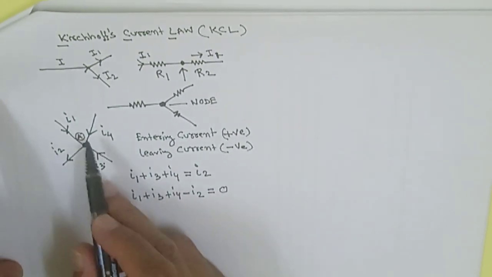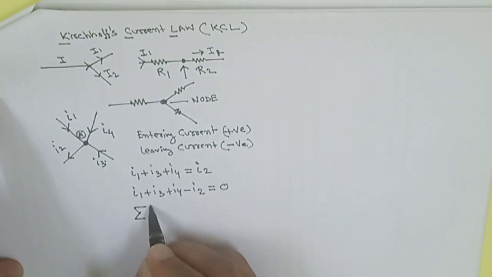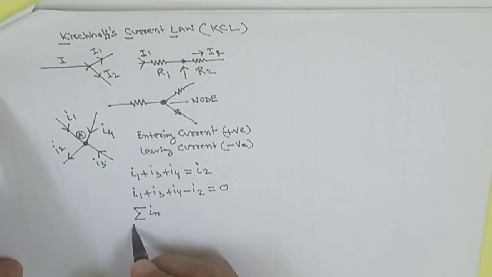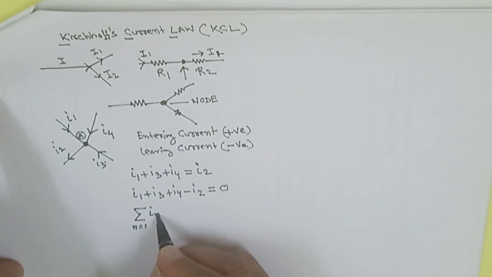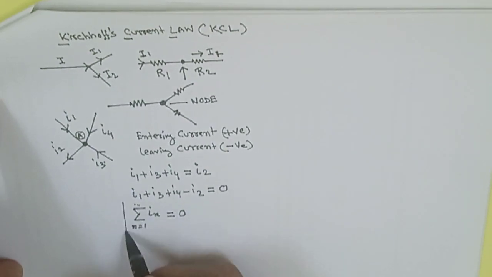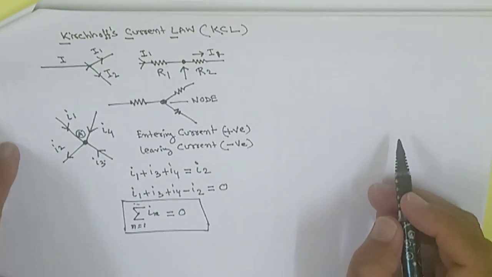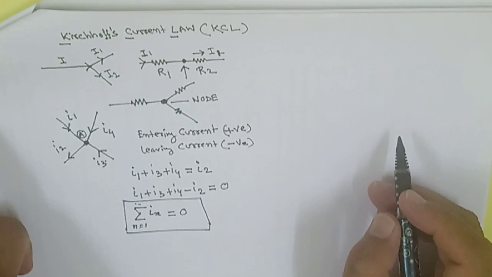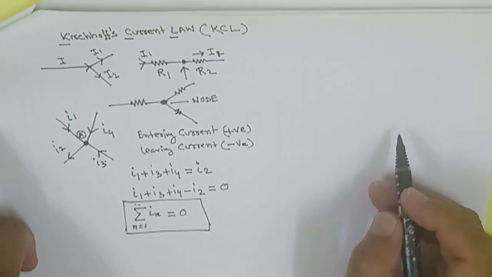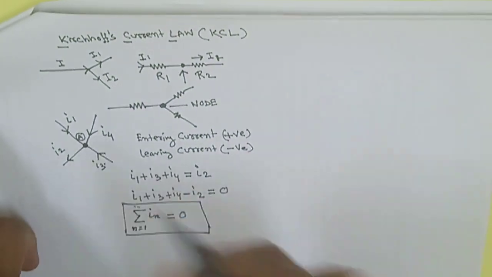If the number of branches is n, then we can write the sum of In, for n equal to 1 to some number, you can put any number, is equal to 0. This is the basic principle of Kirchhoff's law. That means the currents entering and the currents leaving are equal, or for any node point, irrespective of direction, the total current is equal to 0.